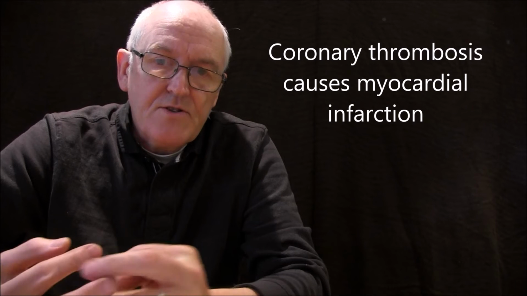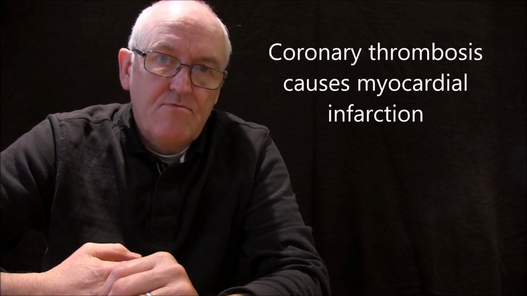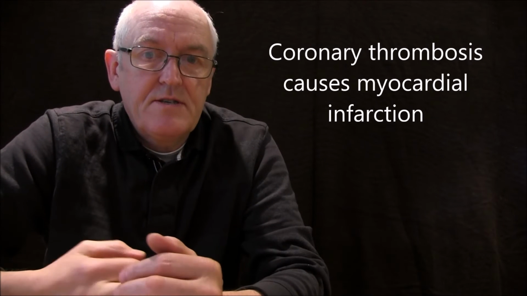So coronary thrombosis is the most common cause of cardiac arrest, and the most common form of cardiac arrest is ventricular fibrillation. So we want to prevent myocardial infarction, of course, if we can, with all the normal preventative strategies, both medical strategies and possibly coronary angiography and percutaneous coronary intervention.